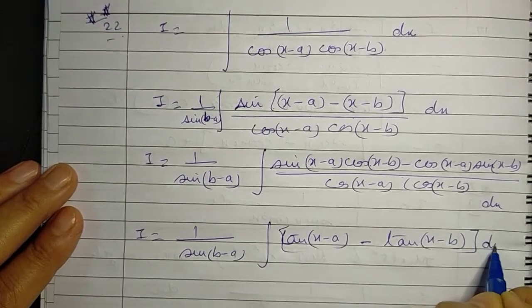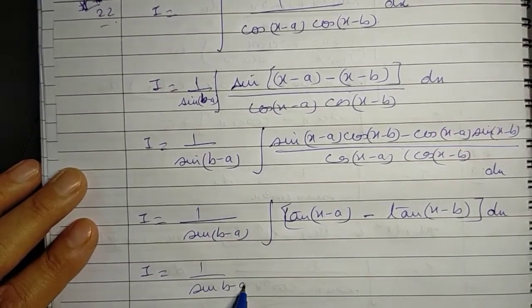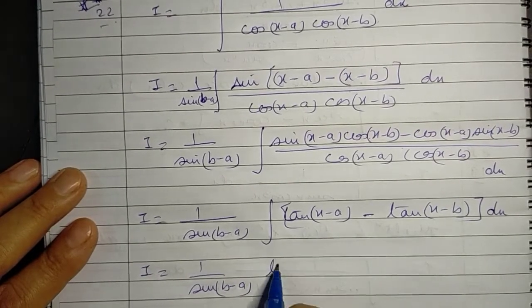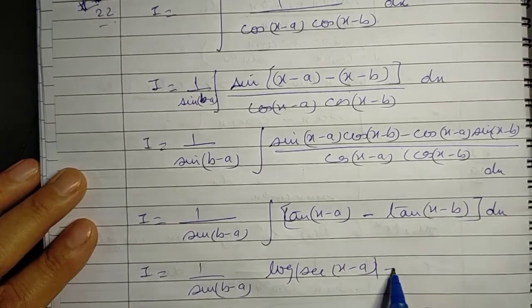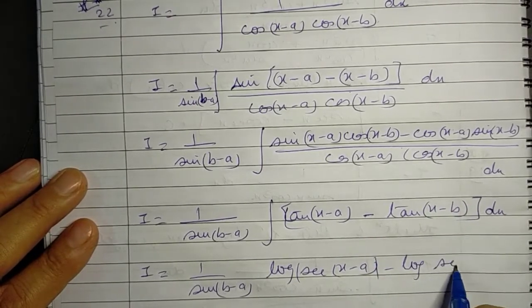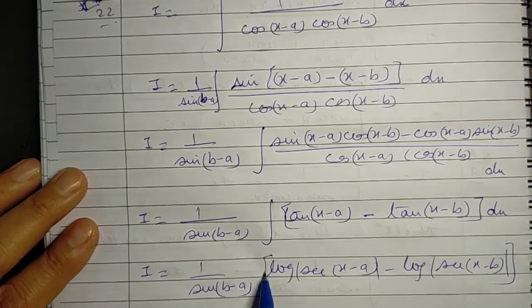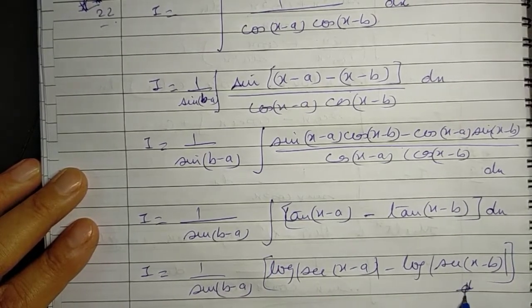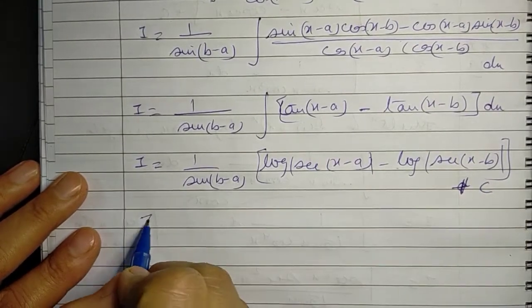I know the integrals of both, and that is 1 upon sine of b minus a times log of sec x minus a minus log of sec x minus b, plus a constant.